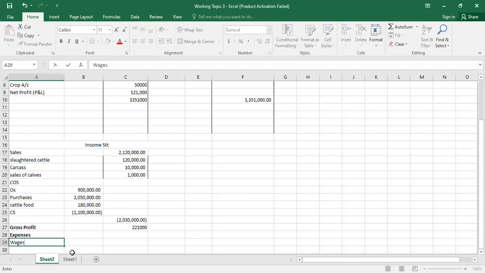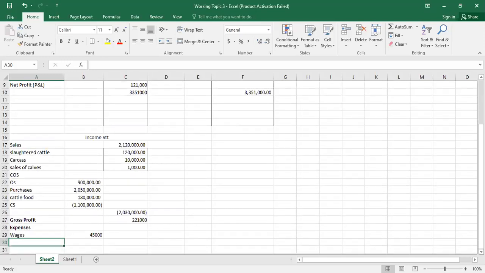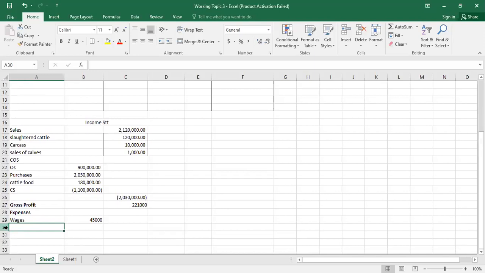What's the value for wages? 45,000. Then we have slaughterhouse expenses, which is 5,000.